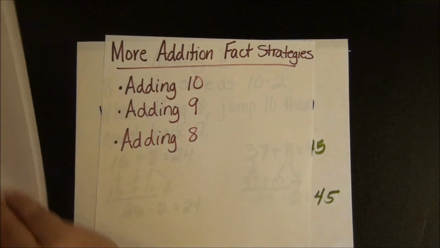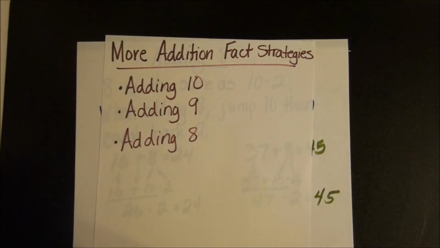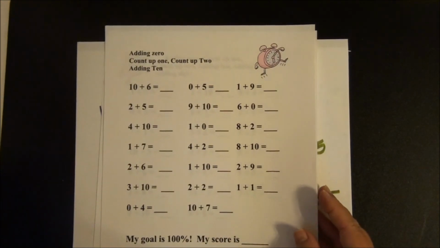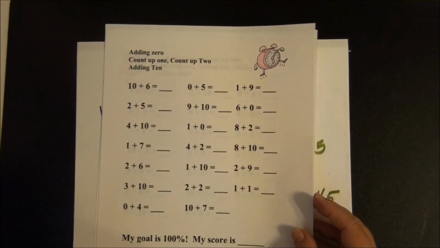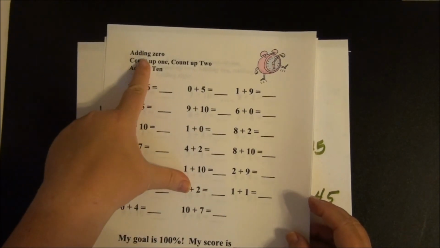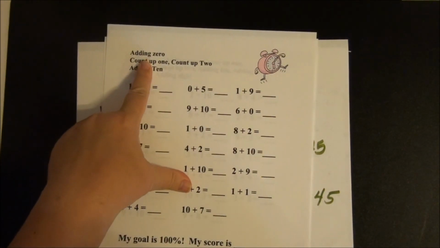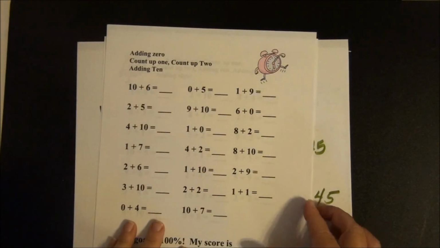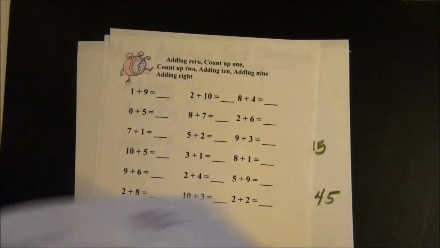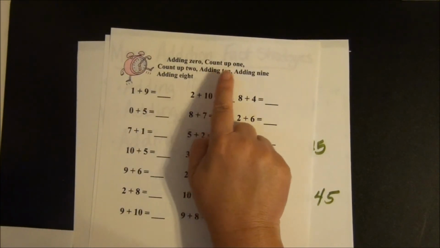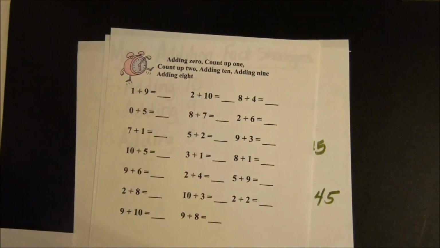One only does adding 10, the other one also does adding 9 and 8. So if you don't feel confident with 9 and 8 just yet, just do this one, because you're reviewing your other skills: adding 0, count up 1, count up 2, adding 10. Then you have this one: adding 0, count up 1, count up 2, adding 10, adding 9, and adding 8.